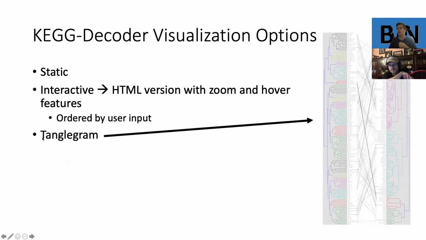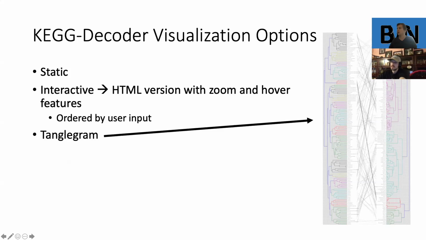And then there's a feature that is still somewhat under development, but is currently coded in as part of the KEGG Decoder visualization called Tanglegram, which uses a Python library that creates these types of figures where you can give two different trees into it as an input, and then create connections between where those components are on the tree. And for KEGG Decoder, what you can do is provide it with your KEGG output, so your KOALA output from BlastKOALA, GhostKOALA, or KofamKOALA.